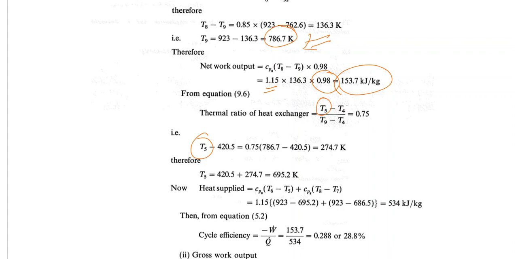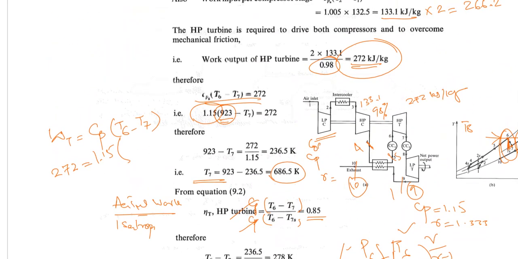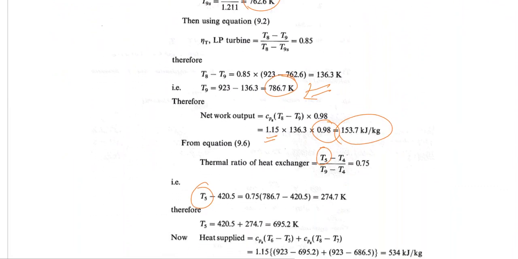Now the total heat supplied would be the heat supplied in the reheat, from 7 to 8, and the heat supplied from 5 to 6 in the combustion chamber, after the regenerator.